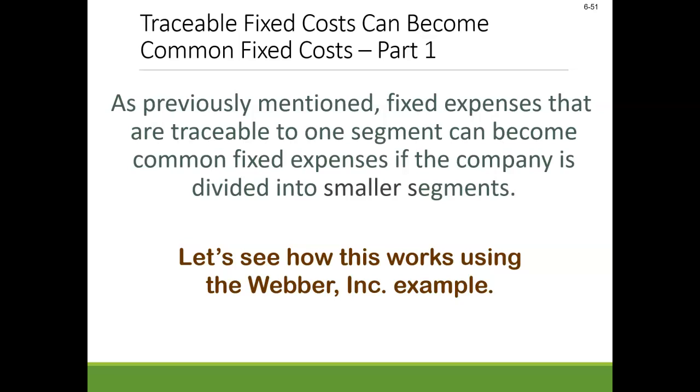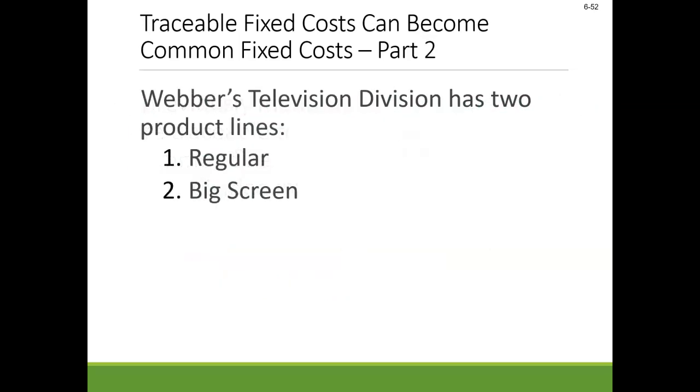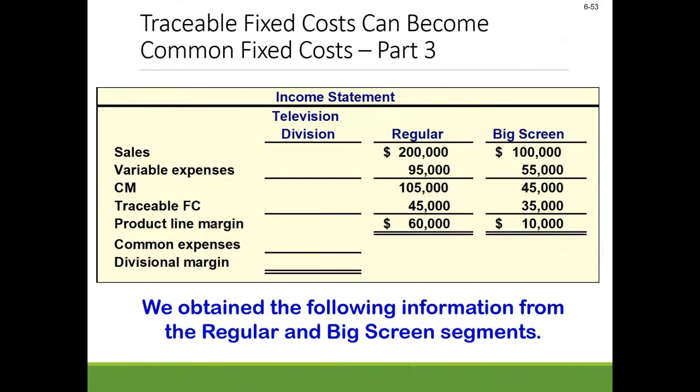Fixed expenses that are traceable to one segment can become common fixed expenses if the company is divided into smaller segments. So Weber's got this television line. Now we're going to break down how much is profitable for the regular television division and how much the margin is for the big screen.